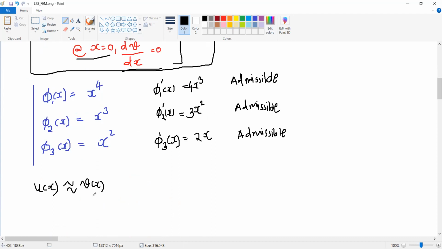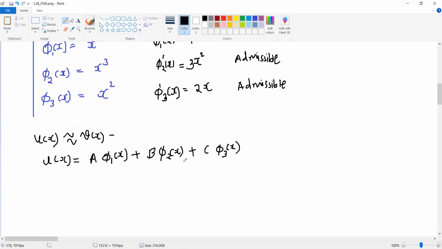So u of x is the approximation to v of x, and u of x can be written as a linear combination of these trial functions. So I'm going to say it is a phi1 of x plus b phi2 of x plus c phi3 of x.